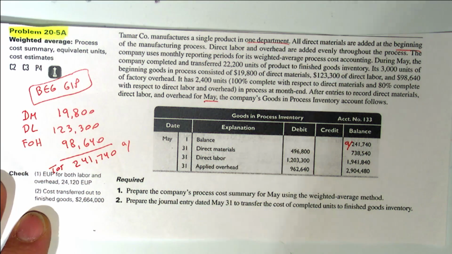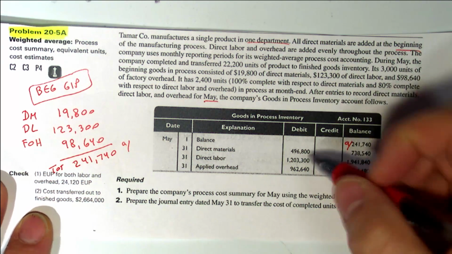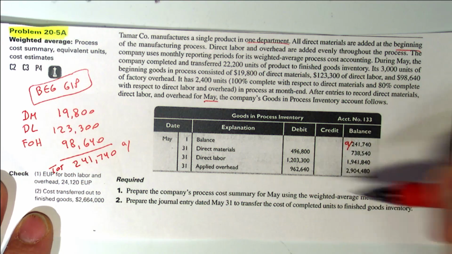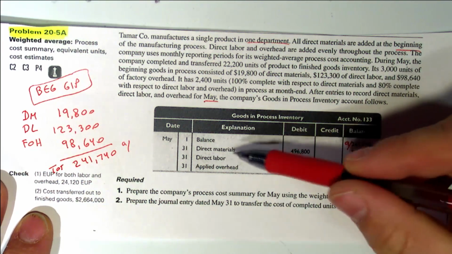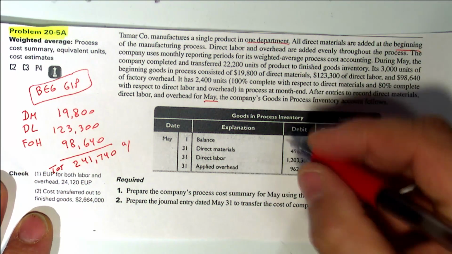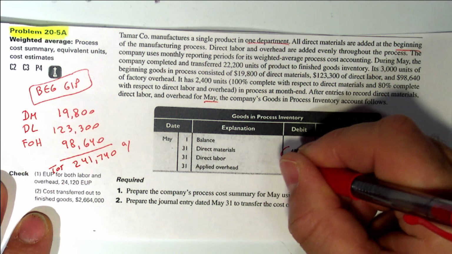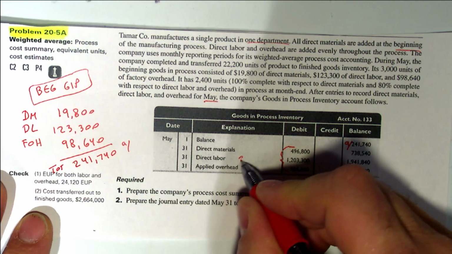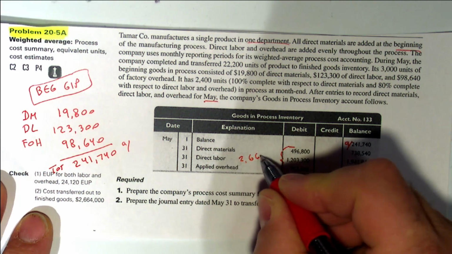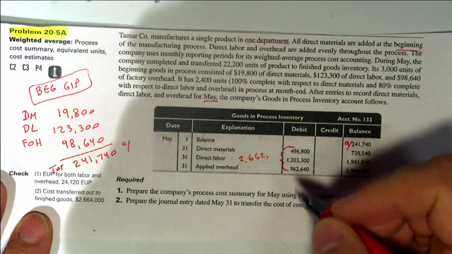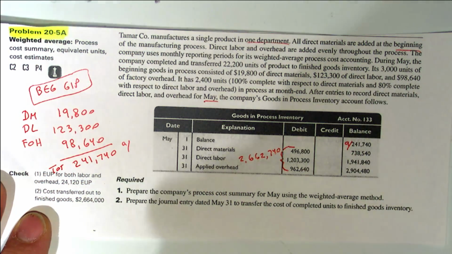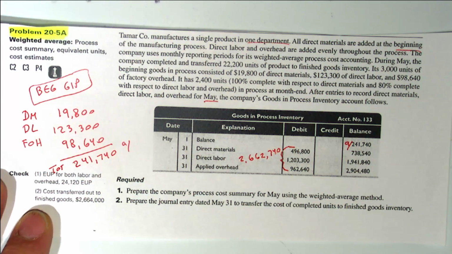Now, these were the amounts incurred in May for direct materials, direct labor, and overhead. These amounts right here. If we add those up, that equals 2,662,740. Is that correct?